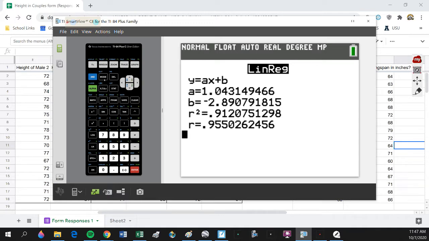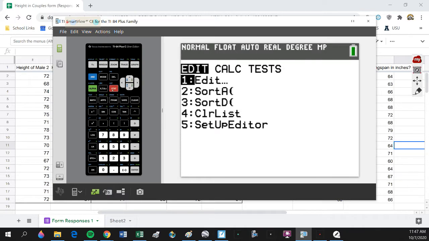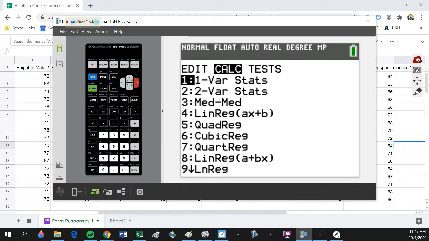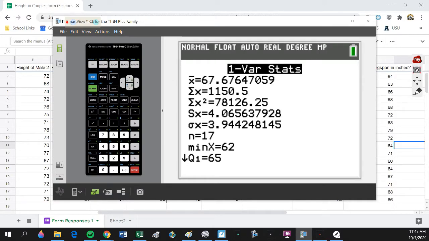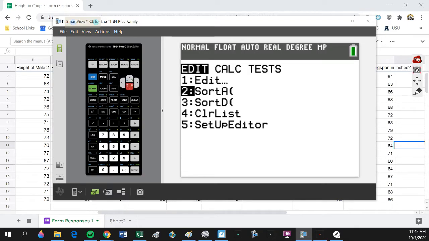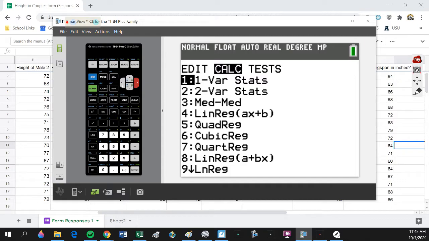Okay, so we need to calculate the point of averages, which means we go to one variable stat, and the average height is 67.67, and the standard deviation is 3.9. Then we do the same thing with L2.